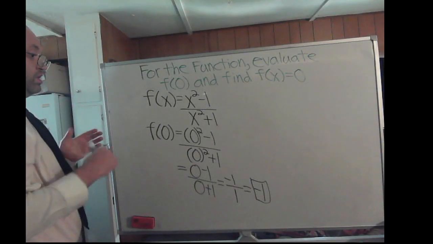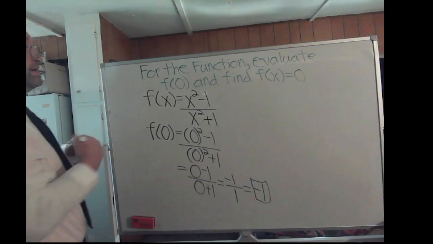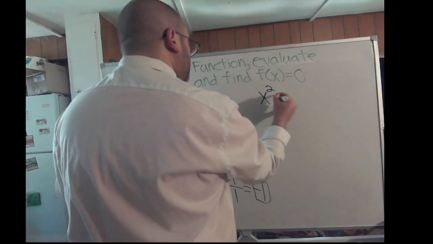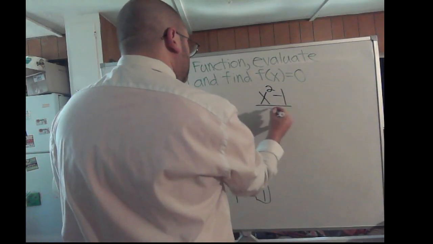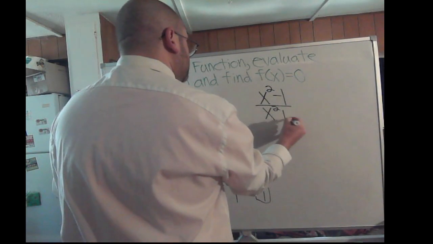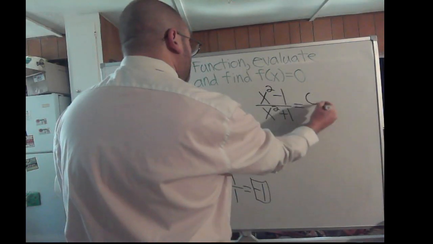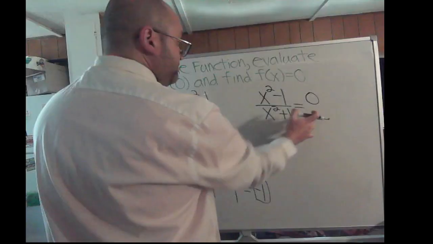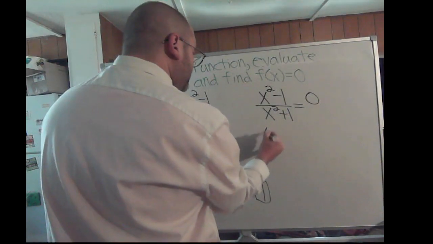Now, we need to find f of x equal to 0, which means we take the x squared minus 1 over x squared plus 1, set that equal to 0. Well, clearly we can multiply both sides by x squared plus 1 and get rid of the denominator.